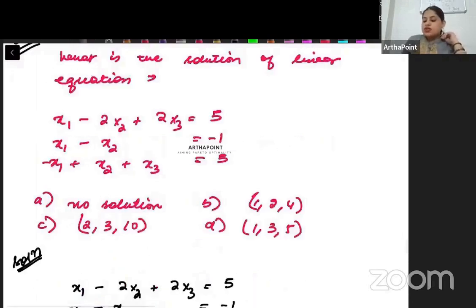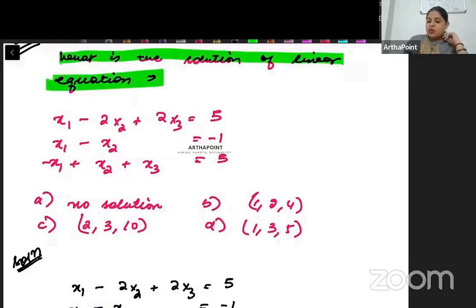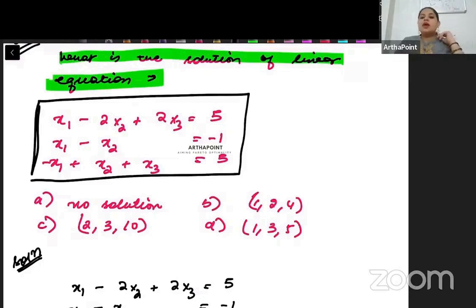It says, what is the solution of the linear equations? And you're given 3 equations. Whenever I see 3 equations, the easiest way to solve this is using Cramer's rule. That is giving you the easiest answer to this question, right? So what you can go ahead and do is just apply Cramer's rule. Write it in the matrix format.